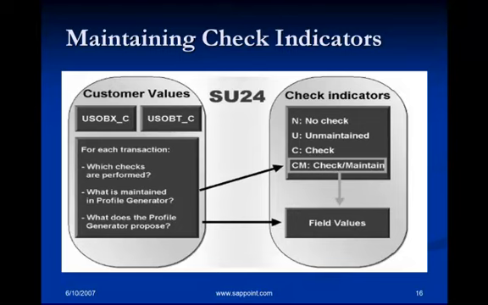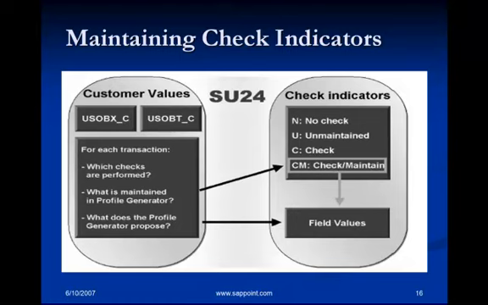Now, in SU24, you maintain the check indicators, like we have seen. What this basically contains is which checks are performed, what is maintained in the profile generator, and what the profile generator proposes, meaning what objects will appear in the profile generator automatically with what values.